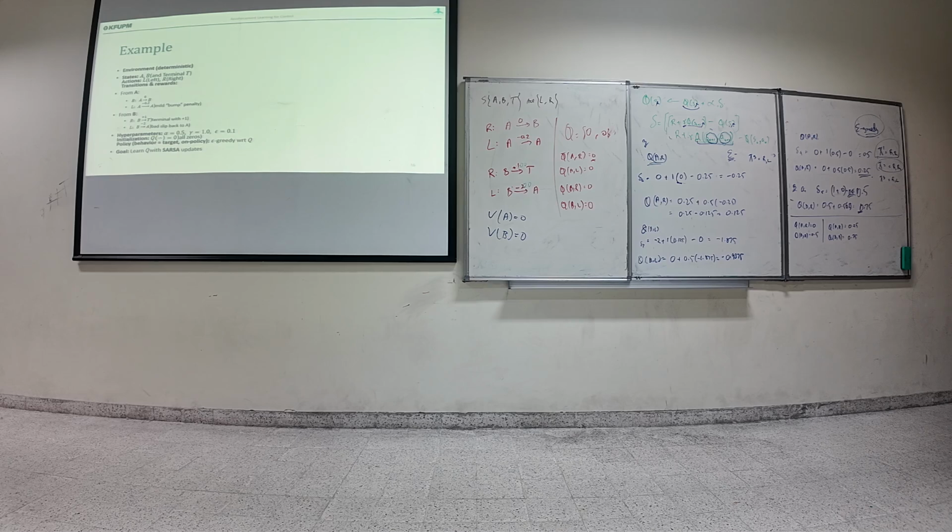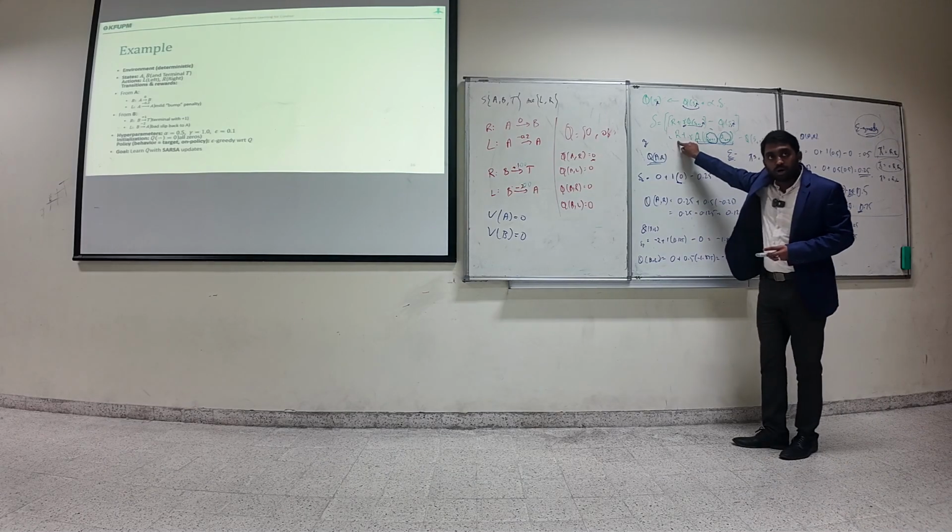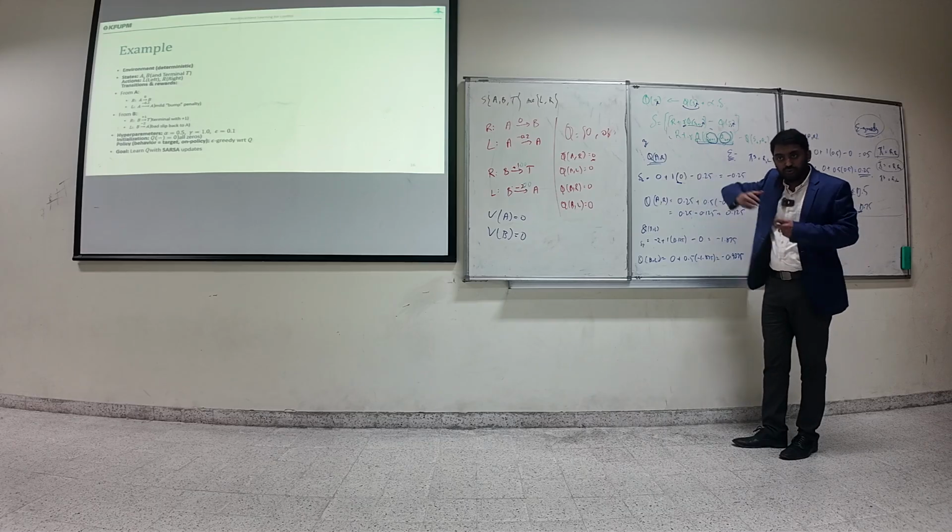Or should we look at the policy and see which will be the first state that we need to start with? You could do it for any state, because you're just considering the reward. It's not the expectation for the entire series.